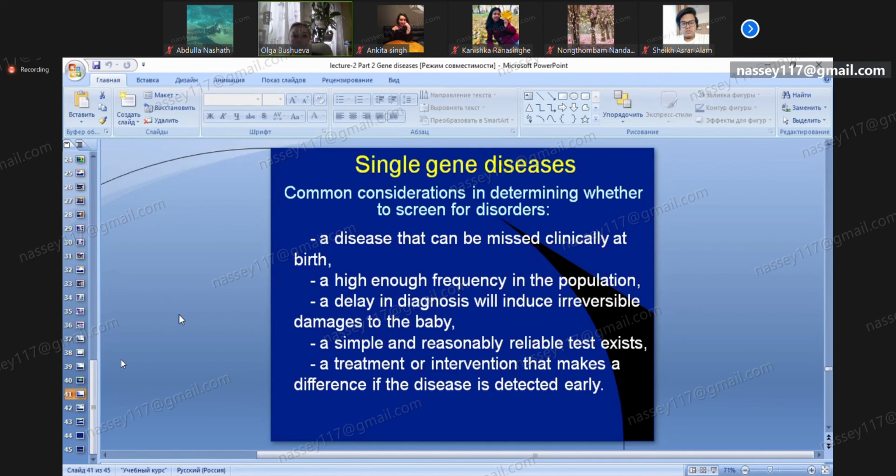Second, a high enough frequency in the population. A delay in diagnosis will induce irreversible damage to the baby. A simple and reasonably reliable test exists. Treatment or intervention that makes a difference if the disease is detected earlier.